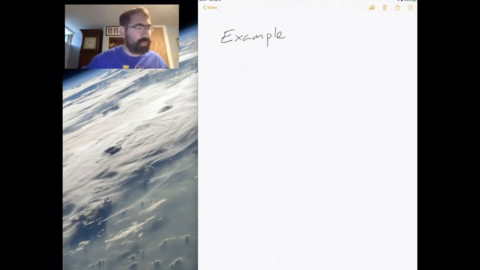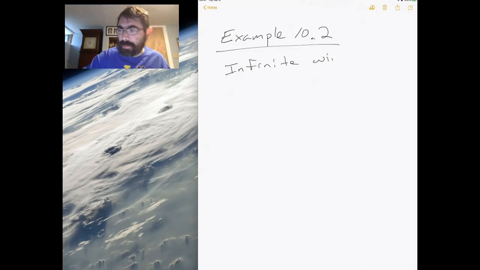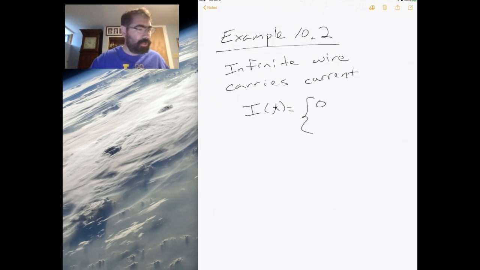So I take a look at example 10.2 in the book, and what you have is an infinite wire that carries a time-dependent current that looks like this. Right now, at time zero, the current is 0.